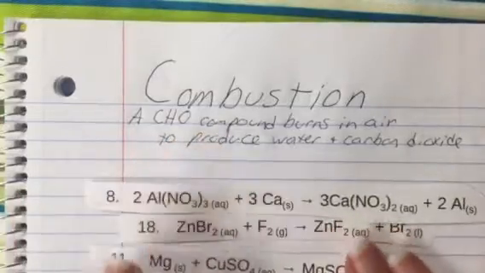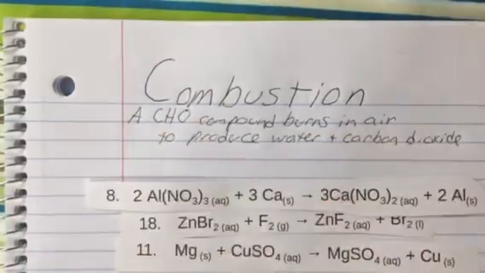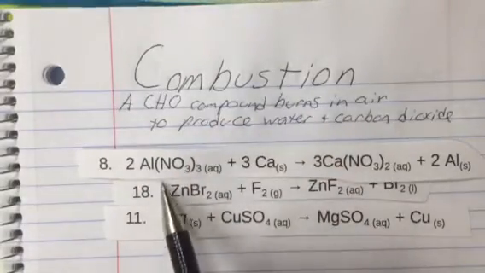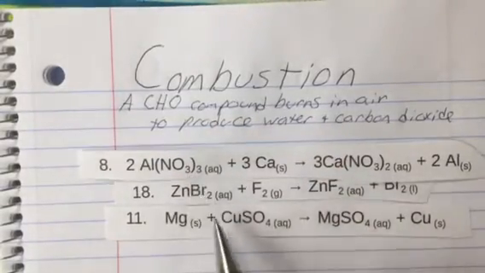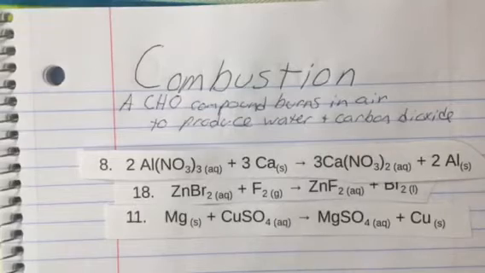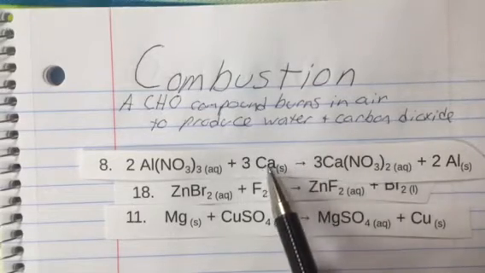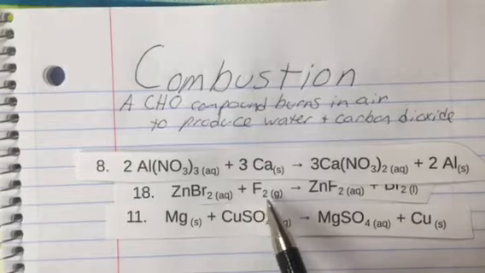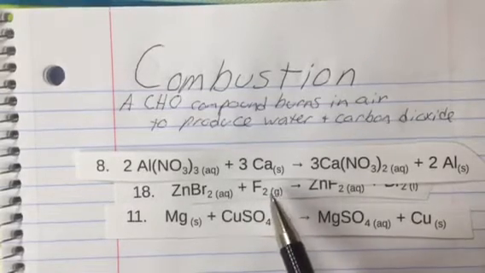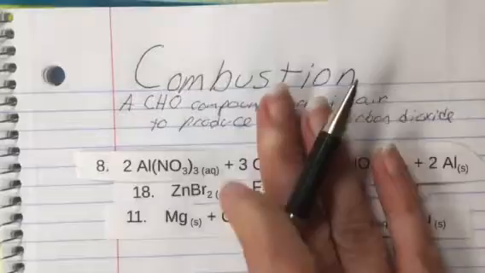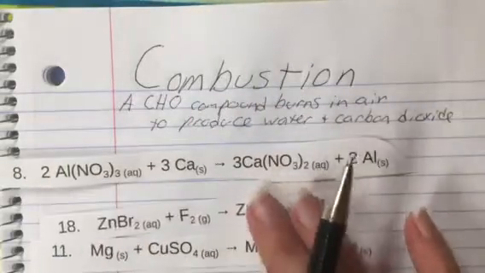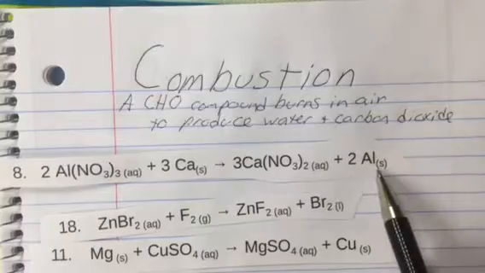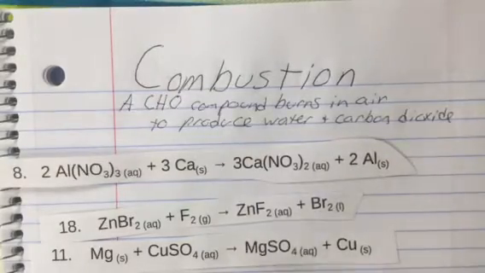What this set has different from most of the others is that I start off with a compound, and you'll notice they're always ionic compounds, and some element, like calcium, and even fluorine, which is a diatomic element, but it's still an element. And magnesium. Then what I get out of them is another different compound and an element, and a different compound here and an element, and so on.